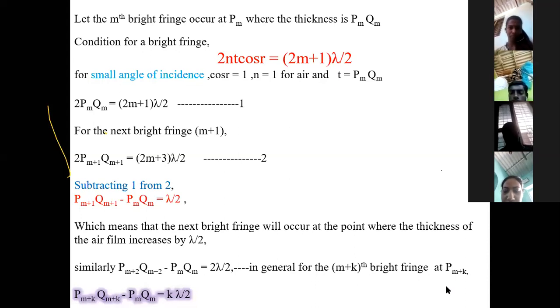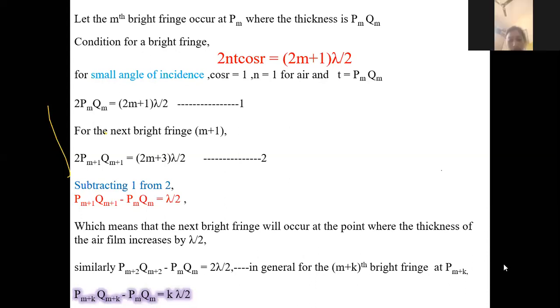And therefore I say PM+k QM+k minus PM QM would be equal to k lambda by 2. This is for the kth bright fringe. Just observe the equations for a minute or so.